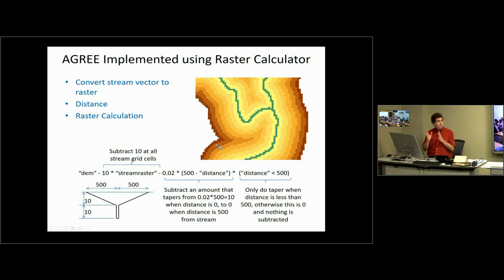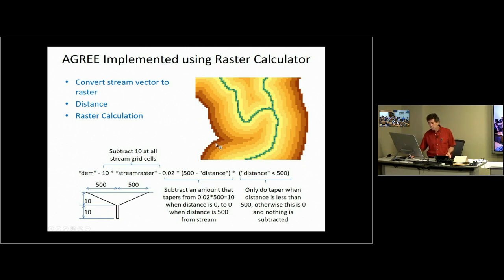That is the grid representation of the stream. Then you would go about a calculation of the distance to the stream. And there is actually a raster toolbox function that will calculate the distance from any grid cell to the nearest point on a target raster. So I'm calling that here the stream raster, and we've got the distance evaluated.